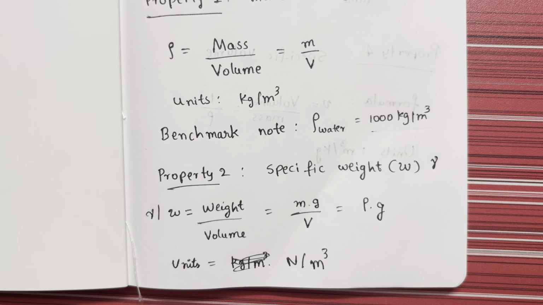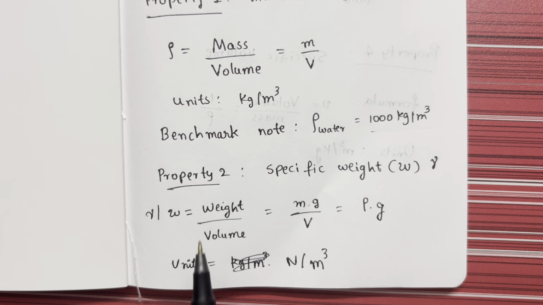As we know, density is mass per volume, but the specific weight is weight per volume. What's the difference between mass and weight? Mass is just a quantity, but weight is the force created or generated by that mass due to gravity. So what is weight? Weight is equal to mass into gravity.